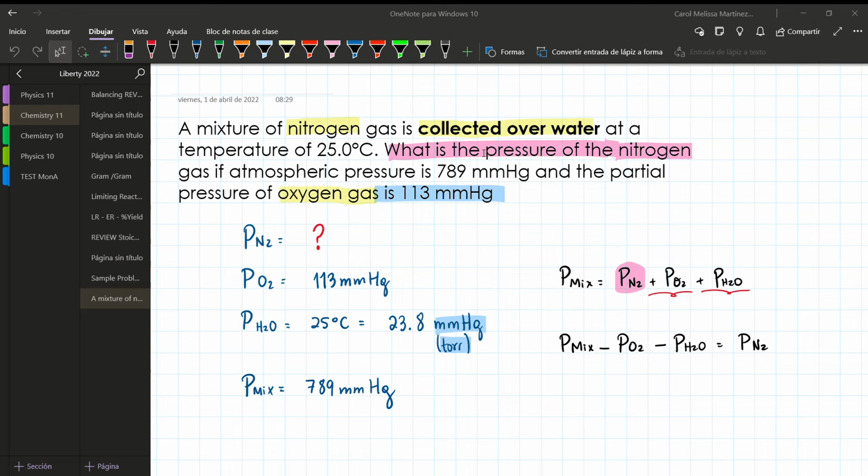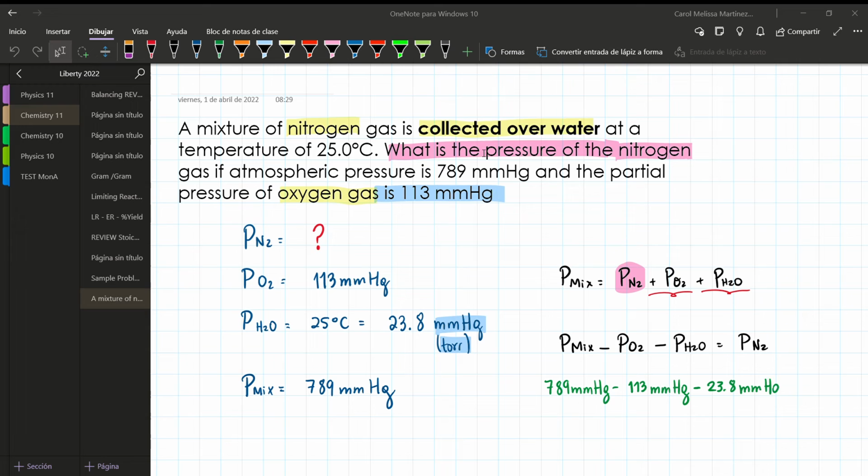the total. To make all the substitution, I need all my units to be the same. In this case, all of them are the same, so all I need to make is the substitution of the given. The mixture, that is 789 millimeters of mercury, minus the pressure of oxygen, that is 113 millimeters of mercury, minus the pressure of water at 25 degrees Celsius, that is 23.8 millimeters of mercury.